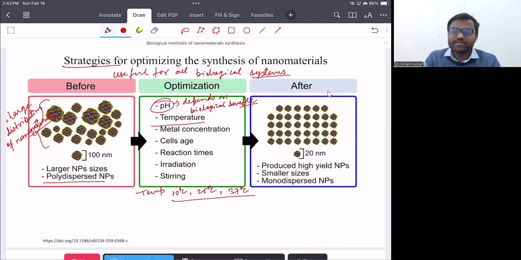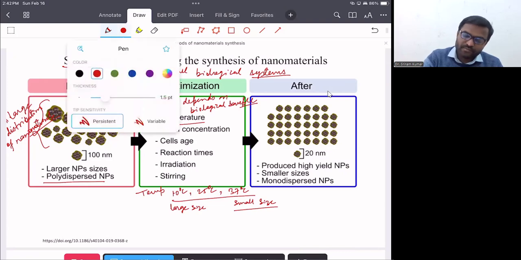If you increase the temperature, you get a smaller particle size. So at 37 degrees Celsius you have the smaller size, and at 10 degrees Celsius we have the large size of nanomaterial.